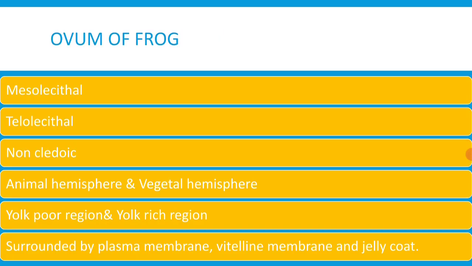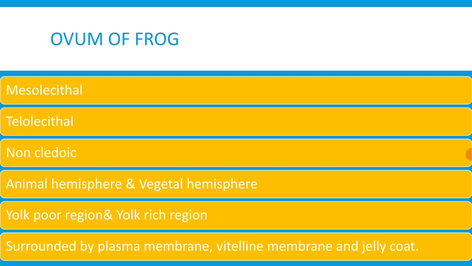So anyway, the ovum of frog, that means the egg of frog, is mesolecithal. That means it is loaded with only a moderate quantity of yolk material. And this yolk is distributed in such a manner that much of the yolk is concentrated at the lower side of the egg, which is called the vegetal pole, and that is the yolk rich region.